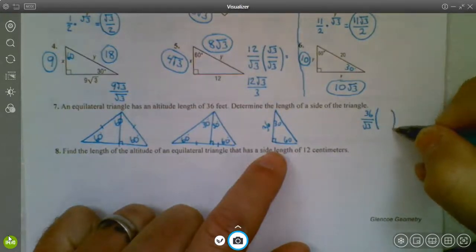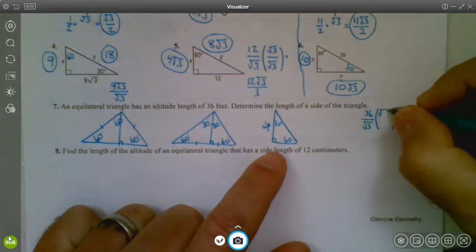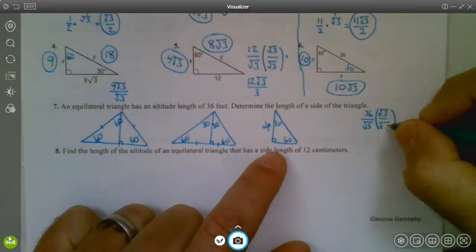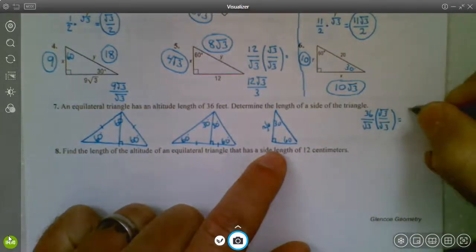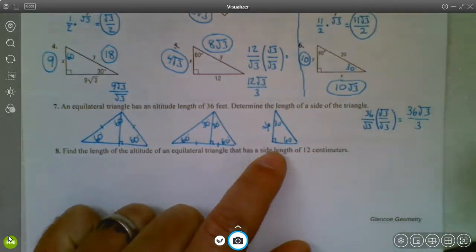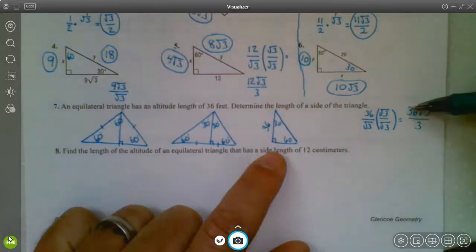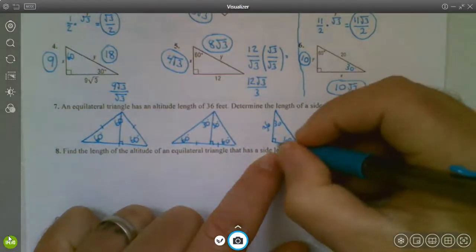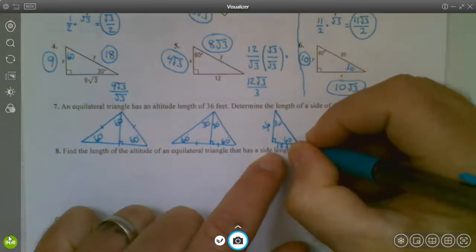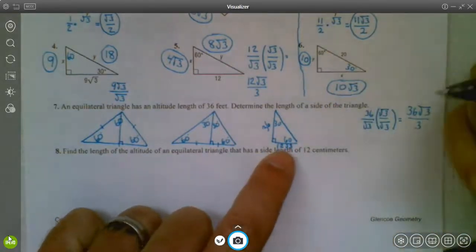Can't leave that radical down there. So I'm going to multiply by root 3 over root 3 and get this. I'm going to reduce right here so that it becomes 12 root 3. So that's 12 root 3.